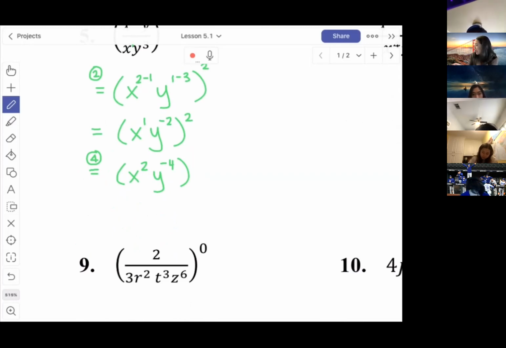So using property number 8, I make that positive by bringing it down to the denominator. So that's x to the 2nd over y to the 4th. And that's that. Questions on that one?